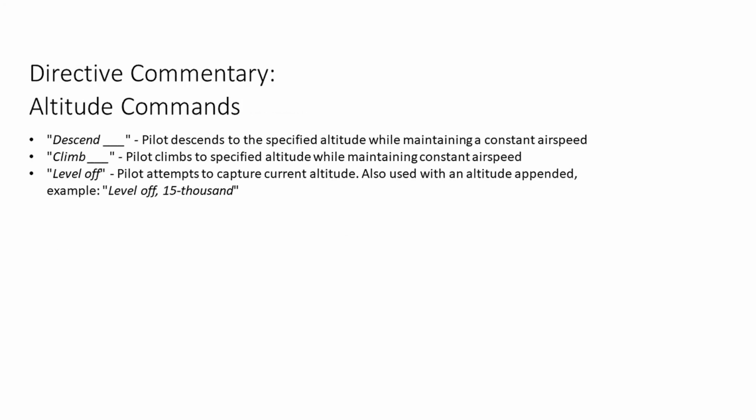The altitude commands are quite straightforward. We can ask the pilot to descend, to climb, and to level off. In those cases, that would include maintaining constant airspeed. We can also ask them to level off at a particular altitude, as in level off 15,000 or Angels 15.